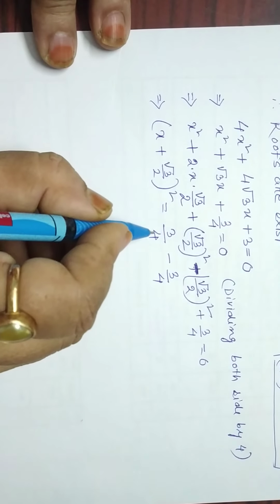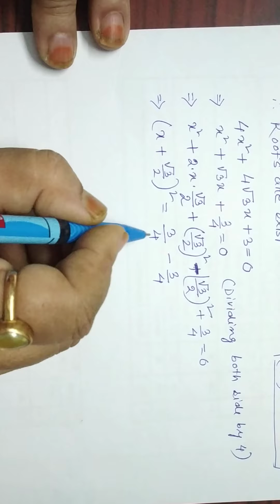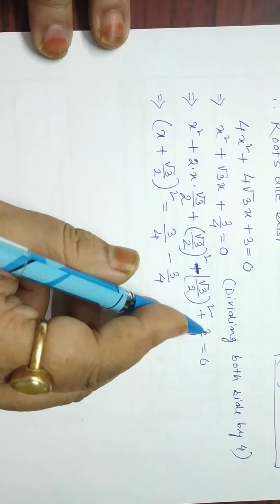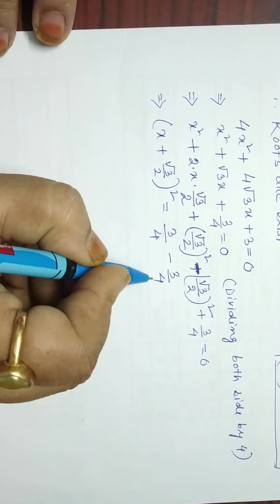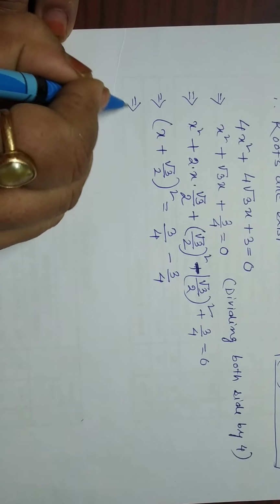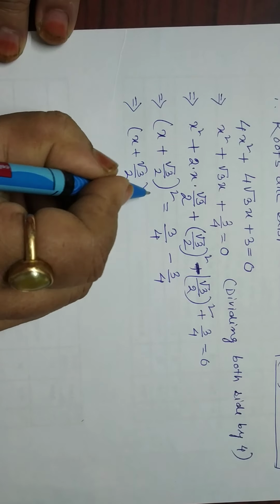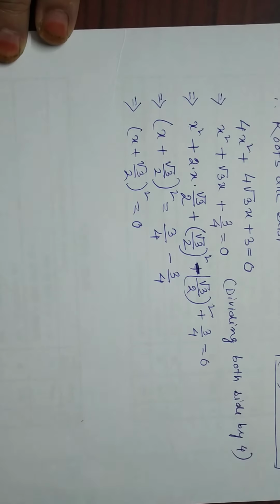If we bring this from the left-hand side to the right-hand side, the positive 3/4 will become negative 3/4. Therefore (x + √3/2)² is equal to 0.